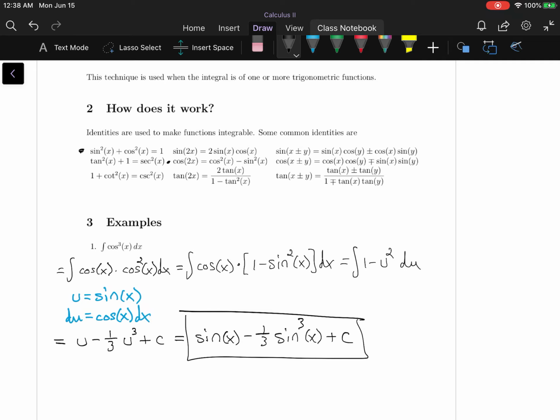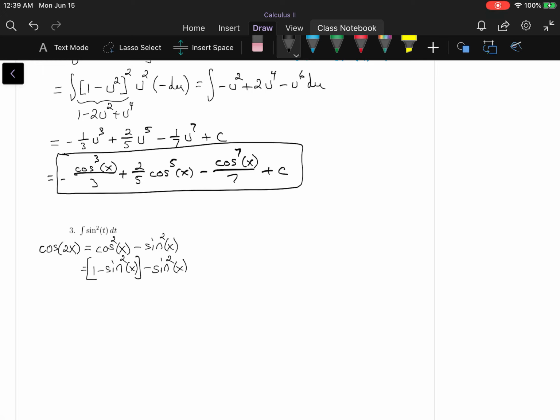So before integrating, I am going to figure out what to sub in for sine squared. I know that cosine of 2x, according to that identity, is cosine squared minus sine squared. And I know that cosine squared is 1 minus sine squared. And we still have minus sine squared x, the second term.